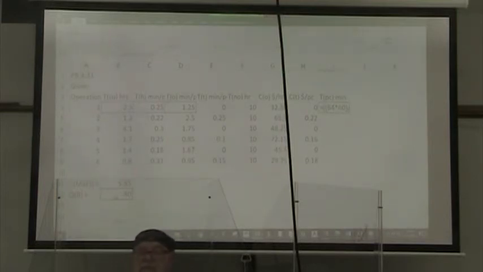Okay. Now, the question is, should we put in the non-operation time also? To decide that, let's do the time per piece in hours. And in fact, let's do that as time per batch.